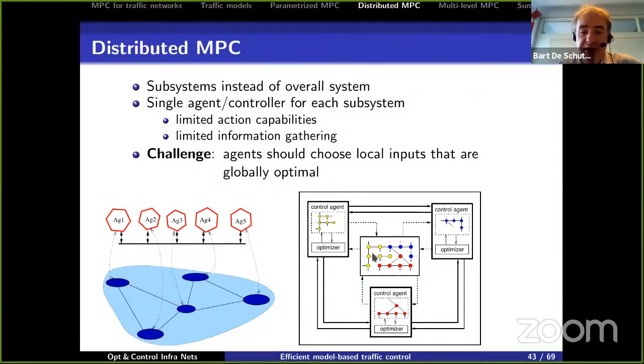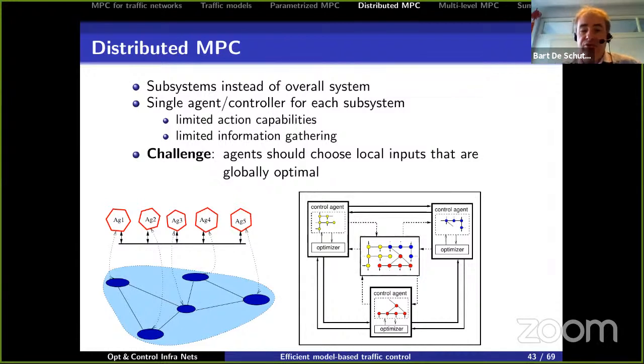However, if we split the network in several parts, we still need some coordination between the actions of the control agents. Otherwise it could be that, for example, the blue agent has an issue in this node, there might be congestion, and the yellow agent might actually send a lot of traffic to that node. That would create an imbalance. So we also have to take care that the agents can coordinate their actions.